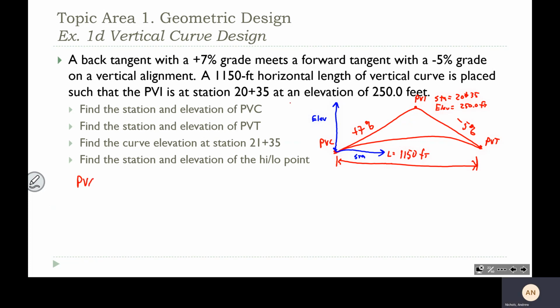So our PVC station, again, this is a relationship that's not given, but we can assume that if we drop a line down from the PVI, that this is going to be L over 2 and this is going to be L over 2. So if we started with our PVI station of 20 plus 35 and then subtract 1150 over 2, this will give us our PVC station.